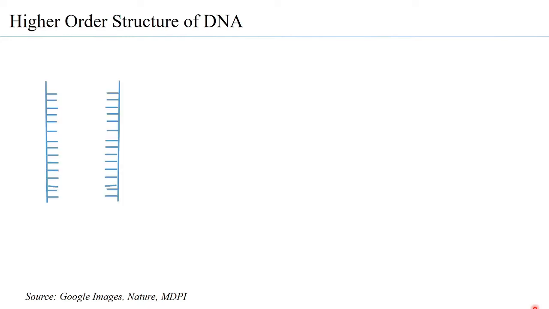So we all know that DNA is formed from two single-stranded polynucleotide chains. Each strand is basically considered to be a primary structure.